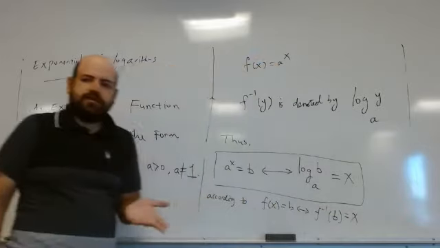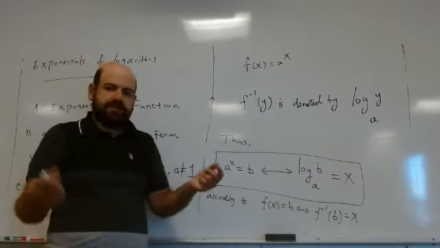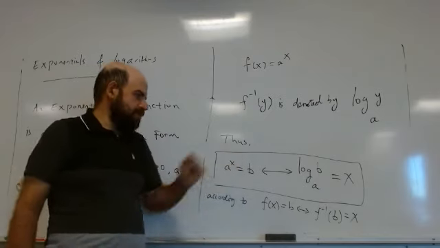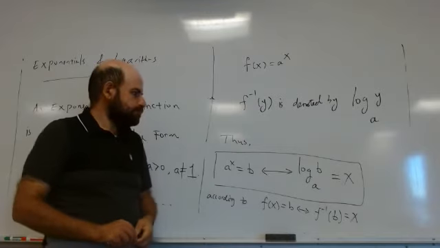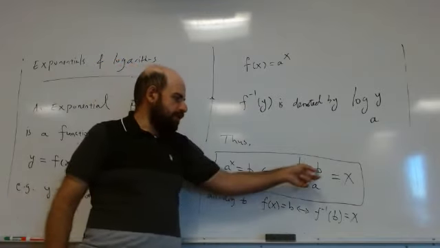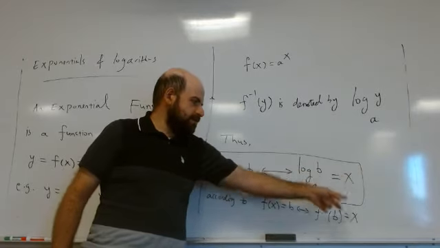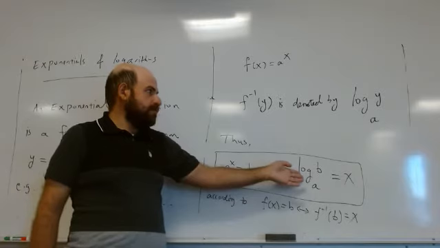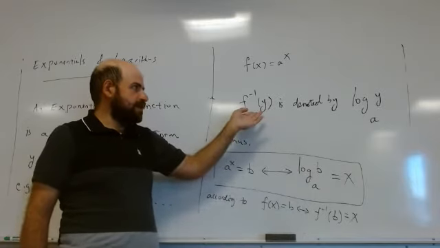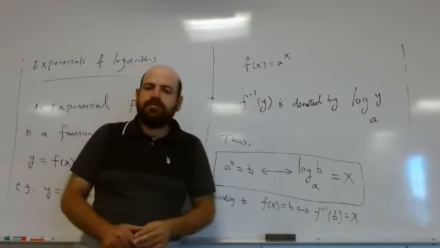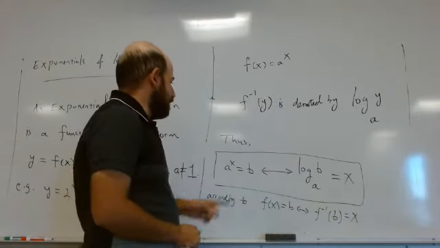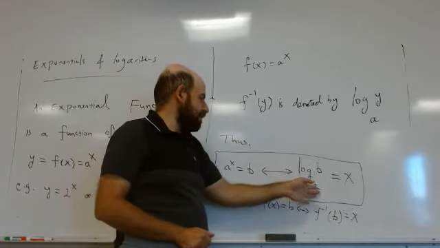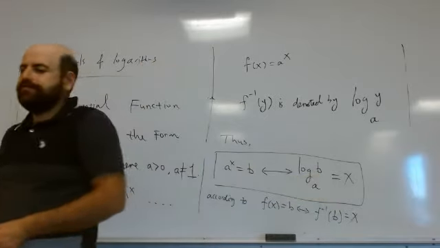So this is what we said about the inverse of a function, that they interchange input with output. In the original function, x is the input, b is the output. Now for the new function, b becomes the input and x becomes the output. And the inverse function, in this case, is also denoted by logarithm in base a. So a to power x equals b is equivalent to saying that logarithm b in base a is equal to x.